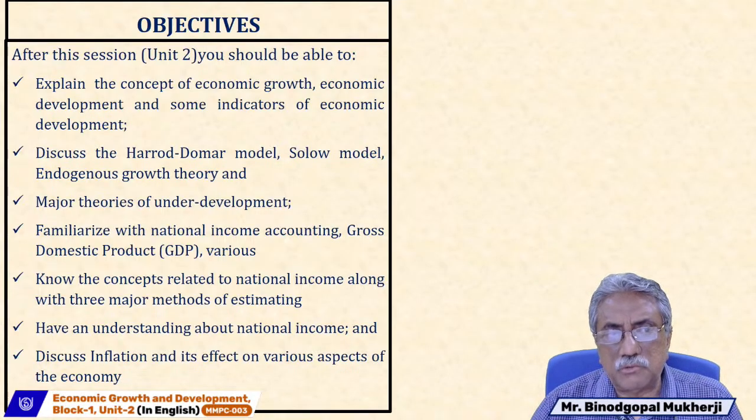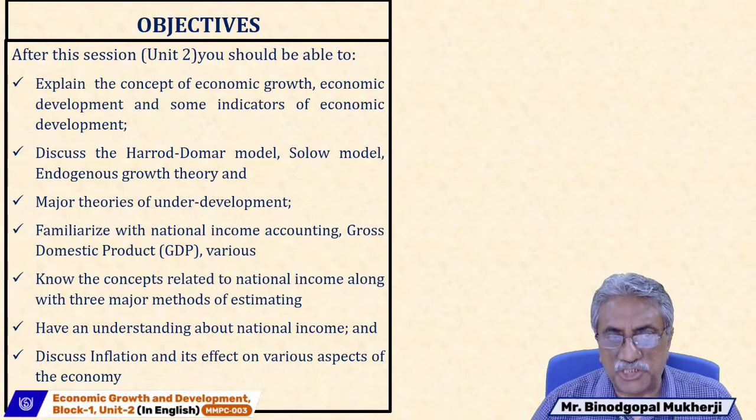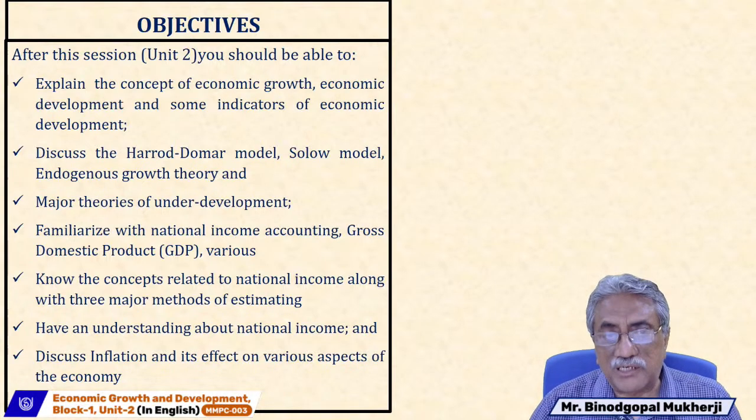We'll discuss a couple of economic models like the Harrod-Domar model, the Solow model, and endogenous growth theory. They talk about economic development. And then there are some major theories of underdevelopment. We'll just touch upon that also.